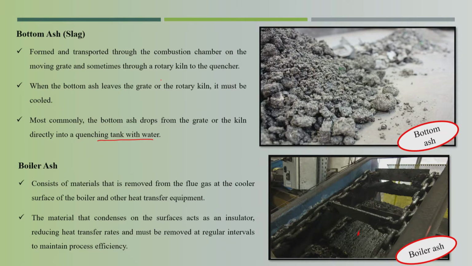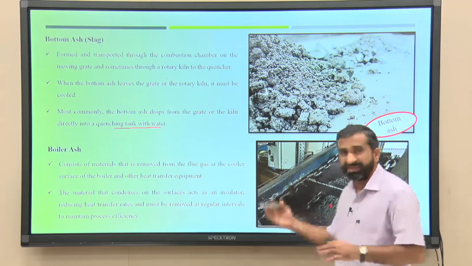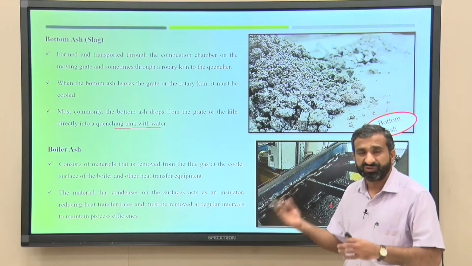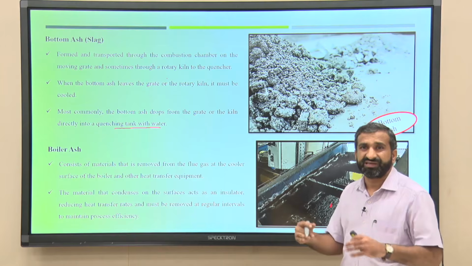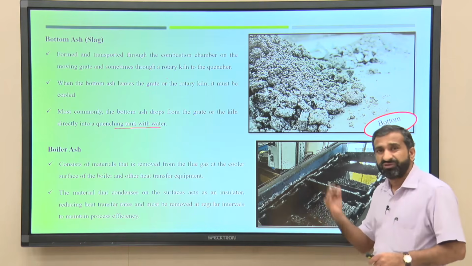The material that condenses on the surfaces acts as an insulator, reducing heat transfer, and must be removed at regular intervals to maintain process efficiency. Once this ash is on the surface of the boiler, the heat transfer gets reduced, so obviously the efficiency also gets reduced. So, that has to be removed from time to time.